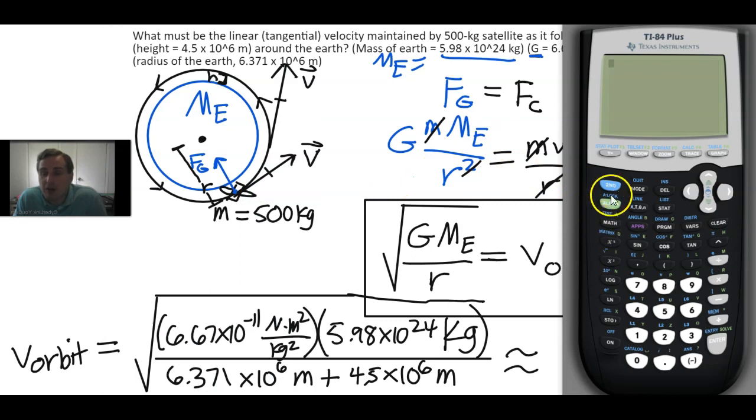So I have my calculator in scientific mode. I'm going to do second square root, and then I'm going to do alpha F1 for numerator over denominator. That is a fraction stack.